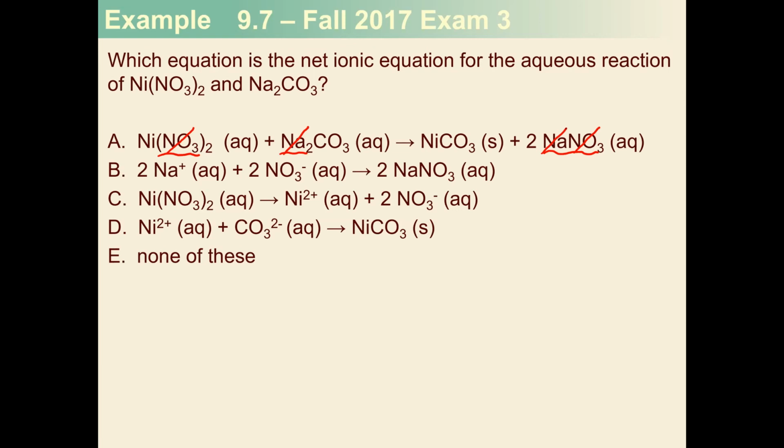So this is the answer that I should look for, and you will notice that that answer is seen here in answer D. I have my nickel 2+ cation and my carbonate, and I will form the solid that is going to be insoluble based off of the solubility rules.